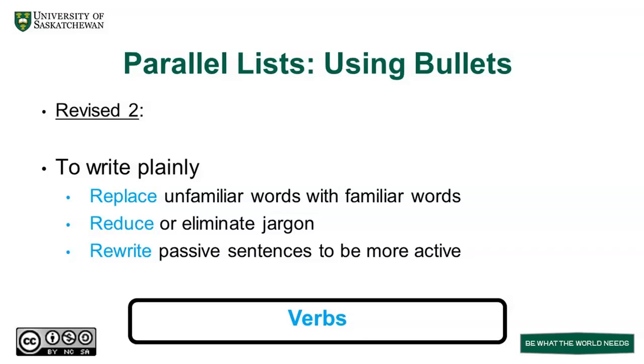We could take that information from the previous page and rewrite it as this list: to write plainly, replace unfamiliar words with familiar words, reduce or eliminate jargon, rewrite passive sentences to be more active. The benefit is that it's a little less wordy than prose, but again, the use of a bulleted list is very dependent on context.